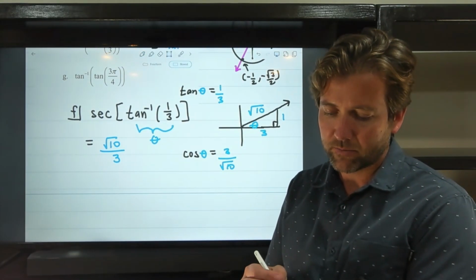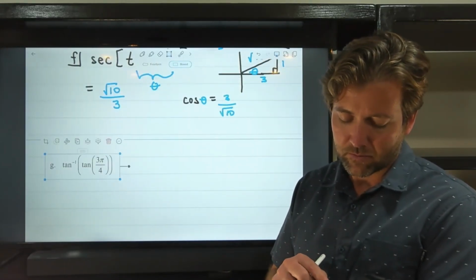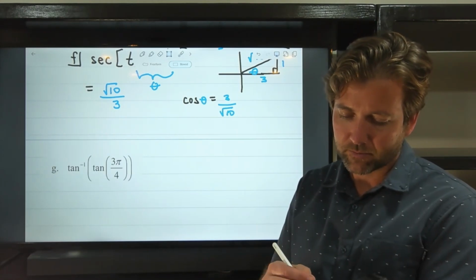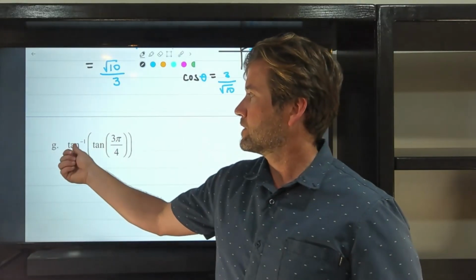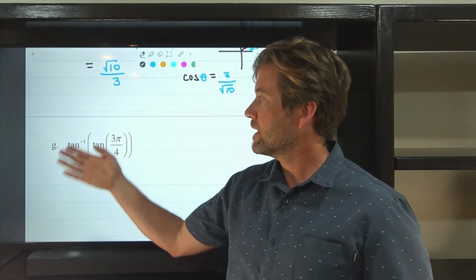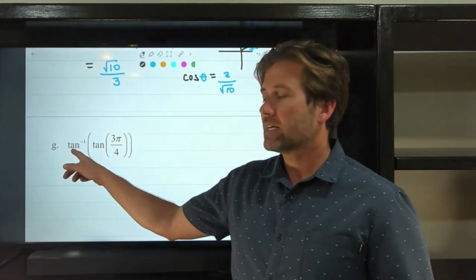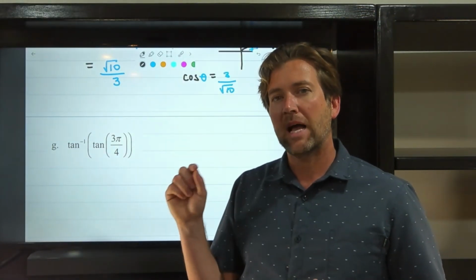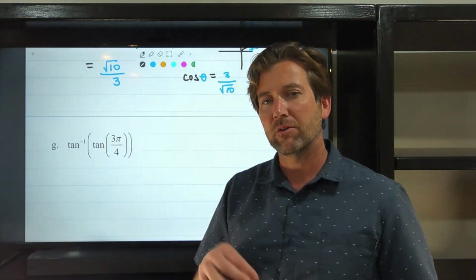Okay, part G. Now, arc tangent is the inverse of tangent. So you might be thinking, hey, the answer is 3 pi over 4, we're done. Not quite. Arc tangent, like I said a moment ago, has to output an angle between negative pi over 2 and pi over 2. So 3 pi over 4 is out of those bounds.